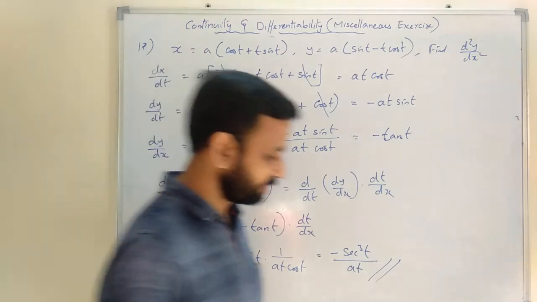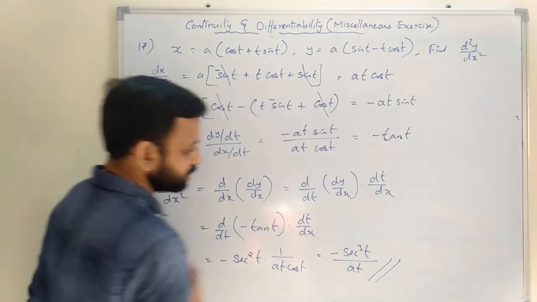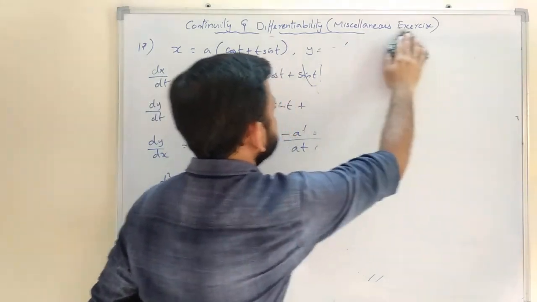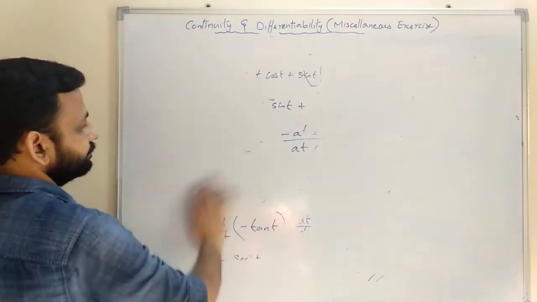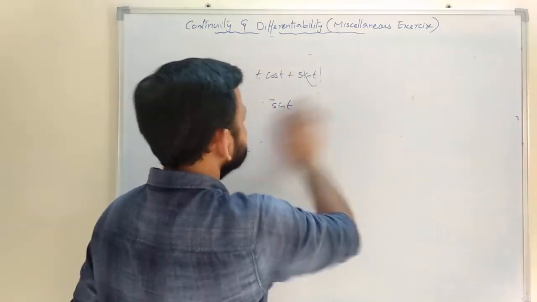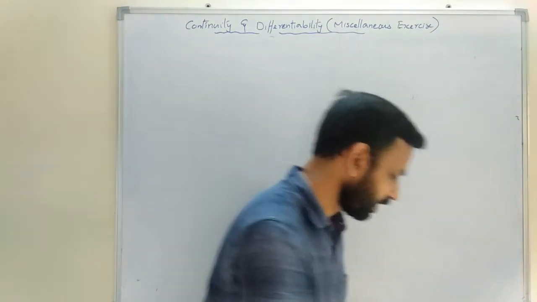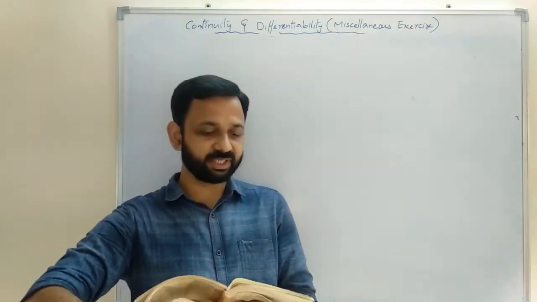So we got question number 17. Then the 18th question. Question number 18: f(x) is equal to modulus of x raised to the power 3.